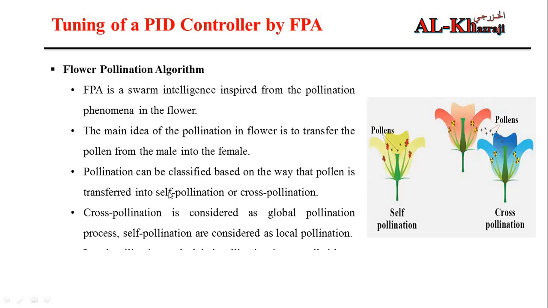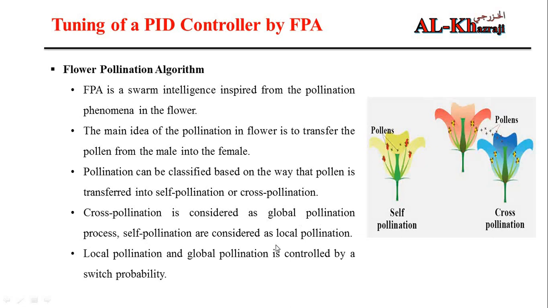Based on this strategy, we will assume that cross-pollination is the global pollination, and self-pollination is the local pollination. In order to switch between these two mechanisms, we will have a switching probability, and this is selected by the user: what do you want more, self-pollination or cross-pollination?